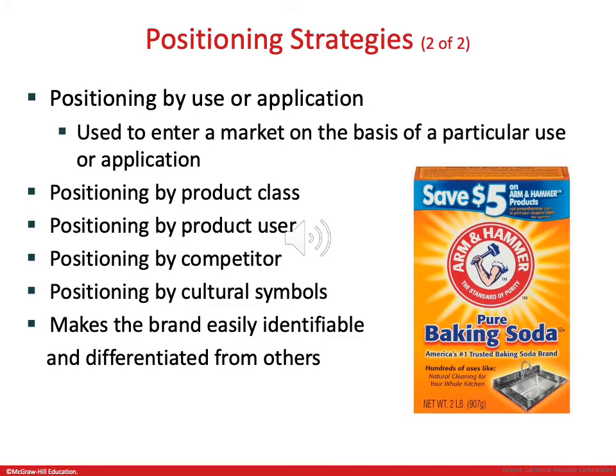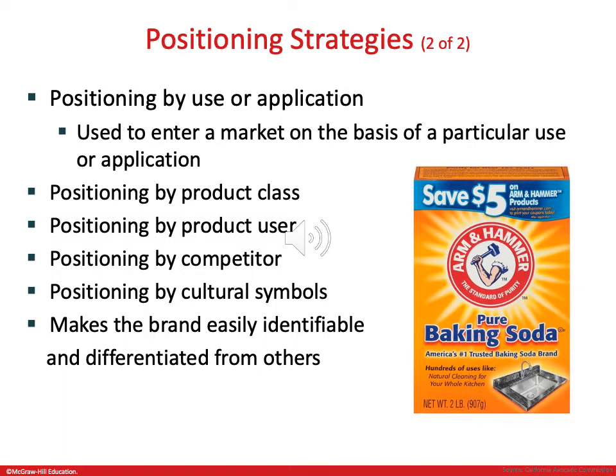So just rounding out the other ways to go about positioning strategies, right? So you can certainly position your brand, product, or service by use or application of your product. There's no better example of that than Arm & Hammer baking soda, which has hundreds of different uses, many of which consumers didn't even know about, right?